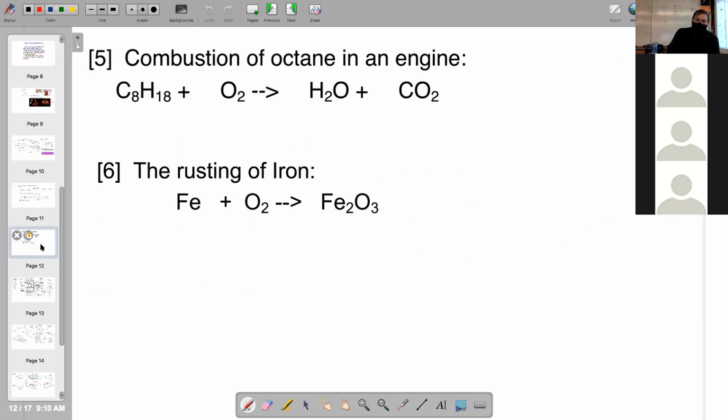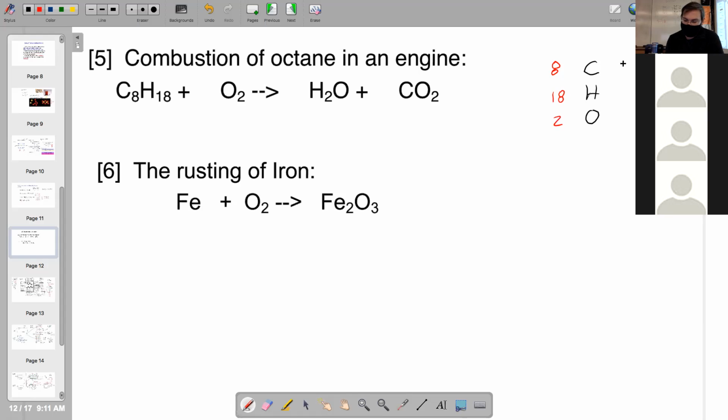All right, in gasoline, there's a molecule called octane. Octane is C8H18. It reacts with oxygen to make H2O and CO2. I'll make a list: C, H, and O. On the left-hand side, there's 8 carbons, 18 hydrogens and 2 oxygens.